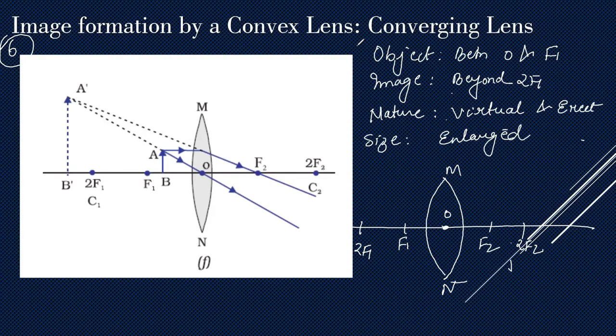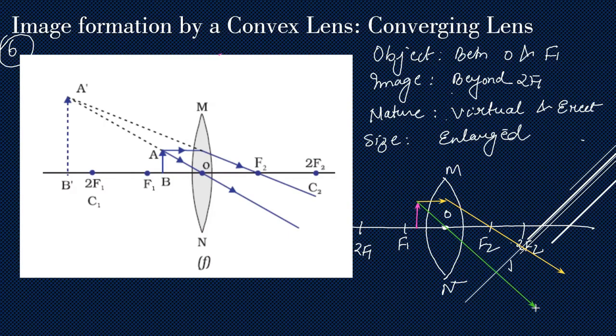First of all, let's take our object. This AB is going to be my object. Take one ray parallel to the principal axis, passing through focus. Take another ray passing through the optical center.